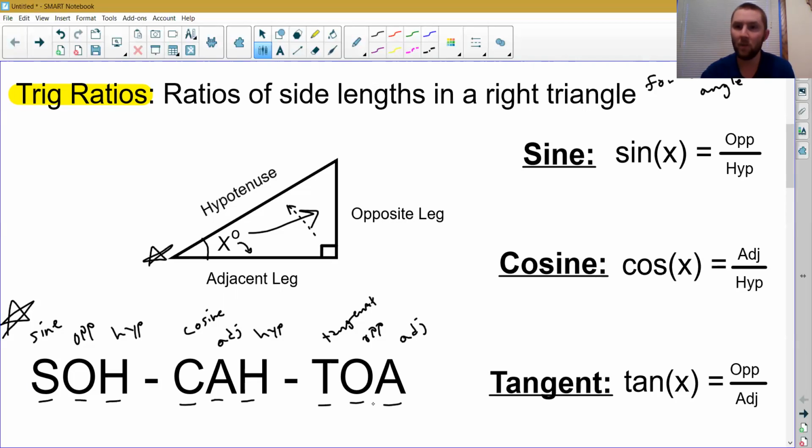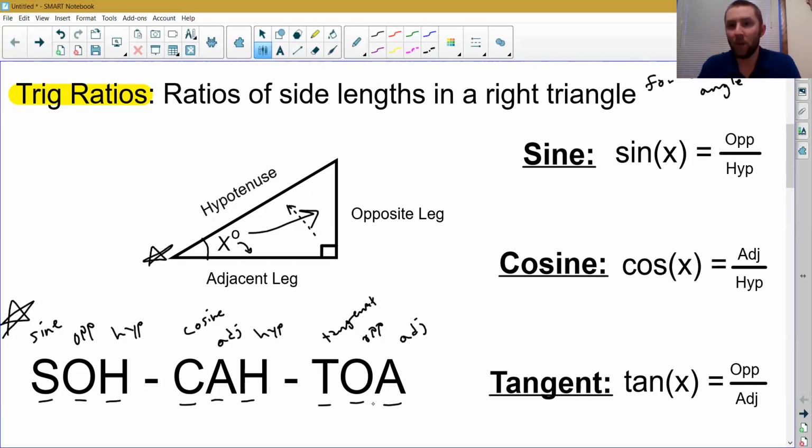So there's just minor drug references for you. If you can just remember what those words start with, some is S, old hippie, O-H, opposite hypotenuse. Caught is a C, another hippie, A-H, adjacent hypotenuse. Tripping on acid is T-O-A, tangent, opposite, and adjacent, okay?